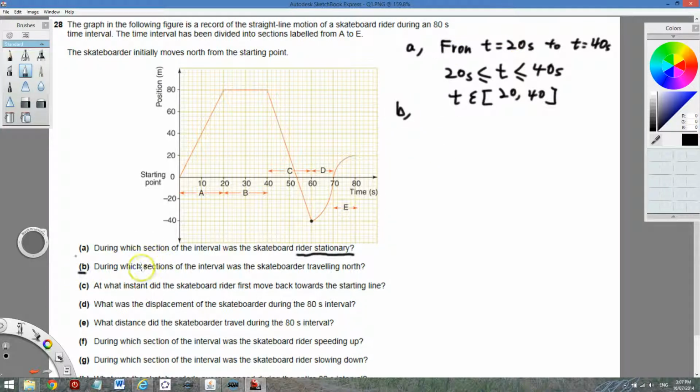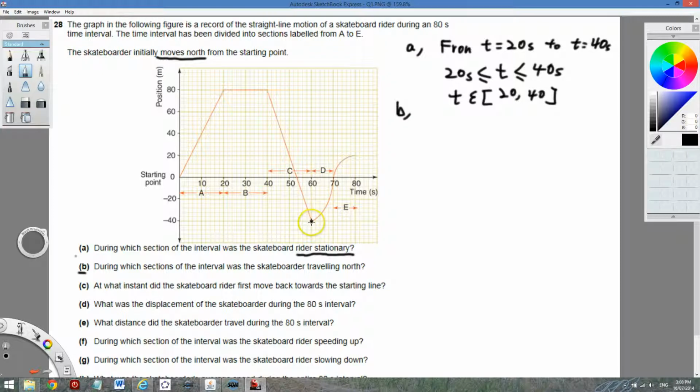Question B. We need to find the intervals when it was traveling north. When it's positive, it's north. It starts by moving north. So when it's traveling to the north, initially from 0 to 20 seconds, it's traveling north. It stays there for a while, then it travels back because its position is decreasing.